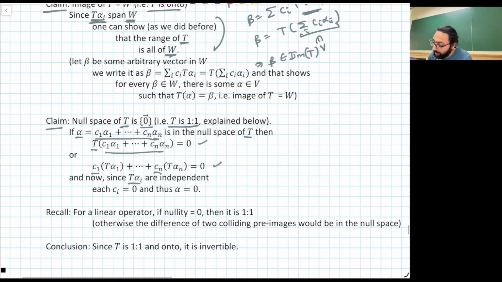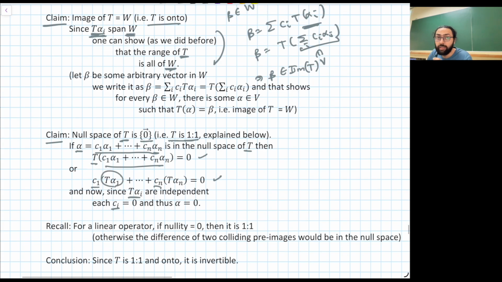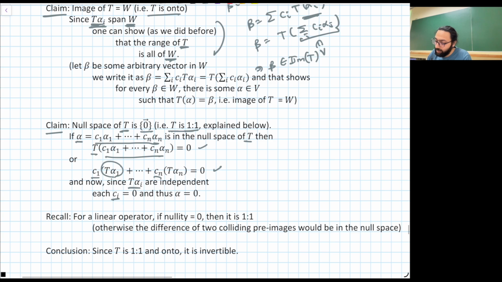Since T alpha i's are independent, we know that each c_i is 0. We know this because T alpha i's are linearly independent, being a basis for the subspace. So the only way this is 0 is if the c's are 0, and that would mean that the only way you can have something in the null space is if it's the zero vector.